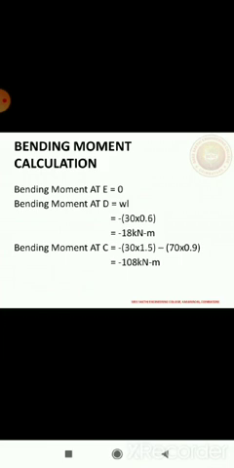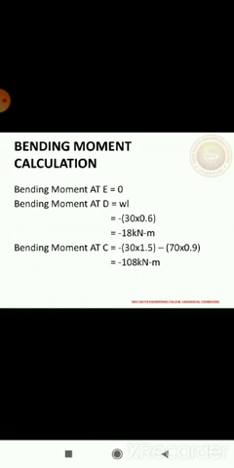So the bending moment at D is minus 30 into 0.6 meter. 30 is the load acting at point E, and the length is between points D and E. So the bending moment at D is minus 18 kilonewton meter.